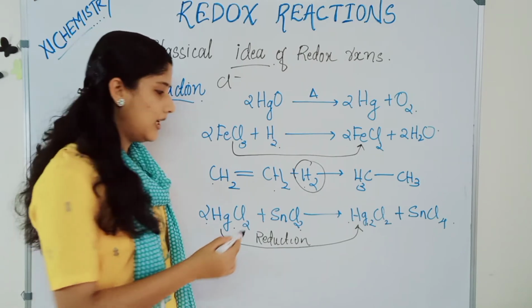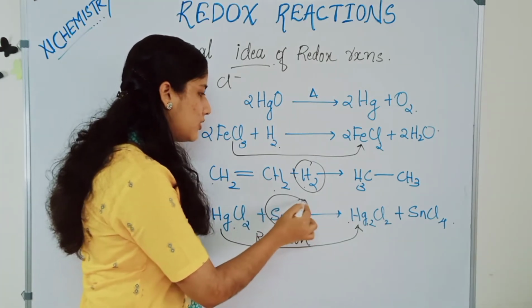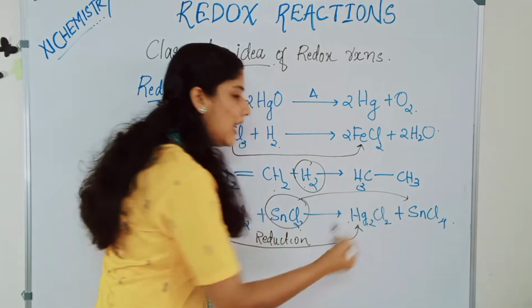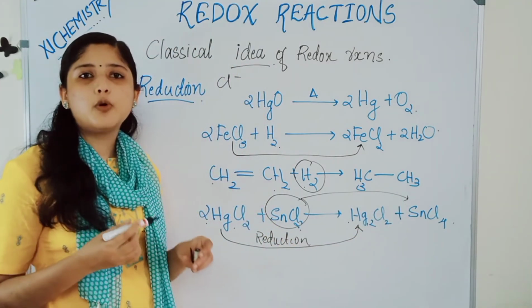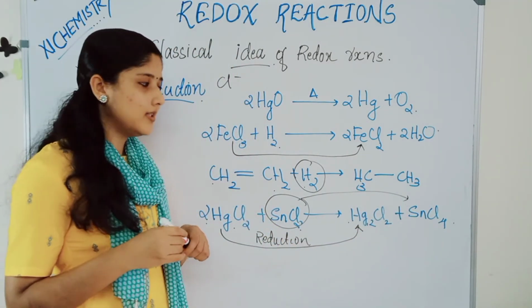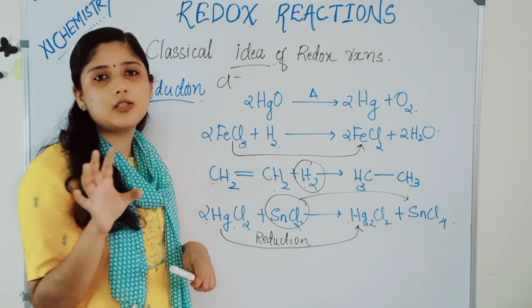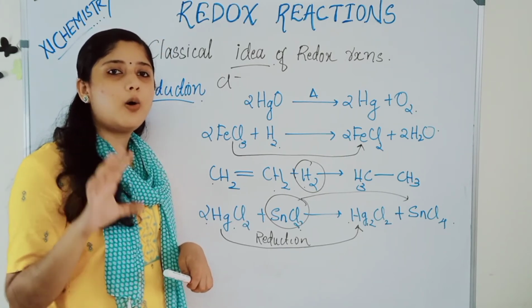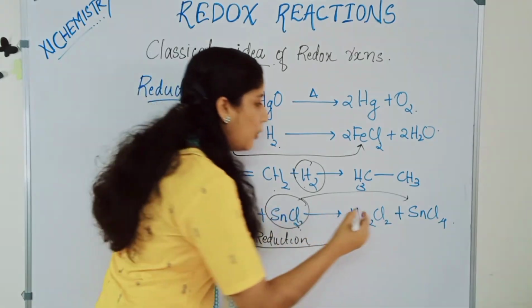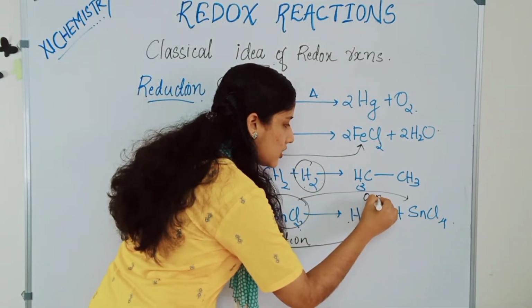But here you can see SnCl2 changed to SnCl4. Number of chlorine increased. So addition of an electronegative element is what we studied as oxidation. So here both oxidation and reduction happen.